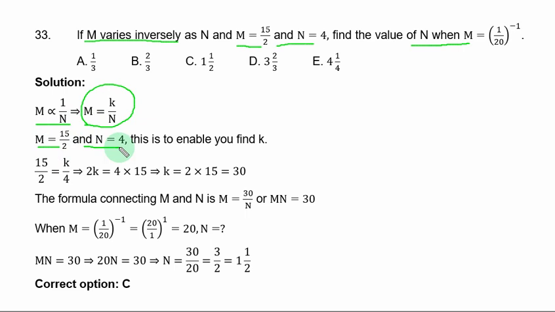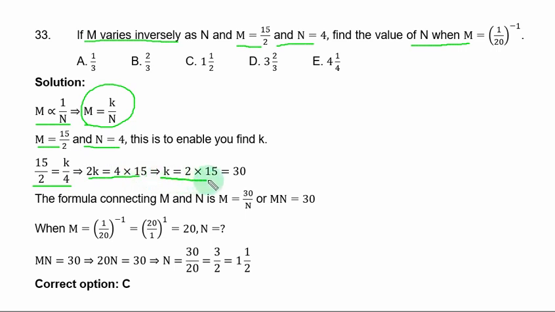The purpose is to enable you get K. So you replace M and N with what they stand for in this form. Cross multiply to clear fractions. You have 2K equal to 4 times 15. Divide through by 2.